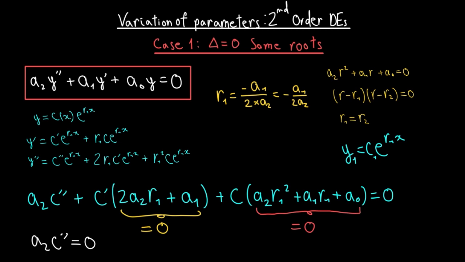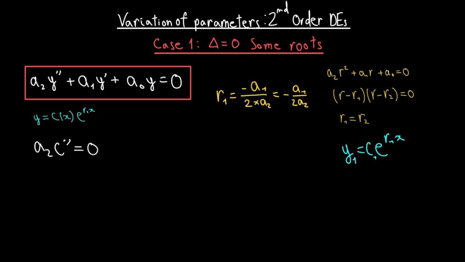And so now we have a new trial solution, and we see the conditions that this function, c of x, has to satisfy in order for our new trial solution to be a solution to the differential equation. What we have shown here is that in order for y to be a solution to this differential equation, a2 c prime prime has to be equal to 0. So this is the condition that our new function, our varied constant, has to satisfy.